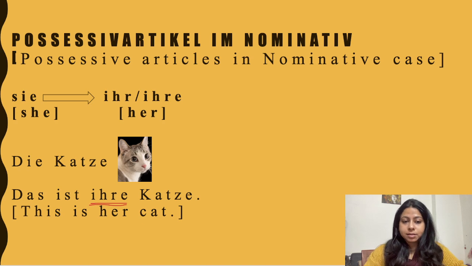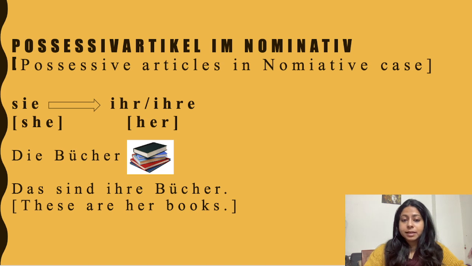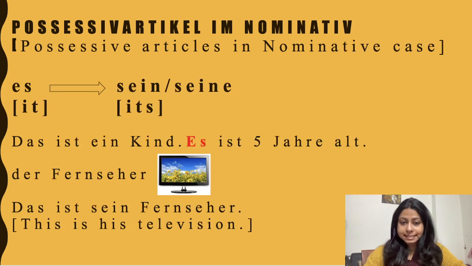Because die Katze, die is the article. Now, what would be used with plural? It would be "Das sind ihre Bücher." These are her books. So, with feminine and plural, die being the article, we are using the ending e with the possessive pronoun ihre.